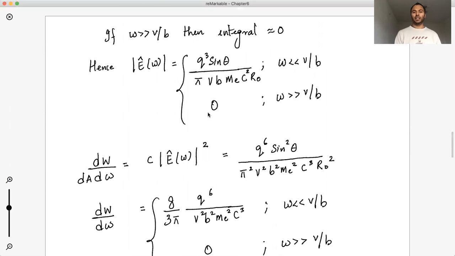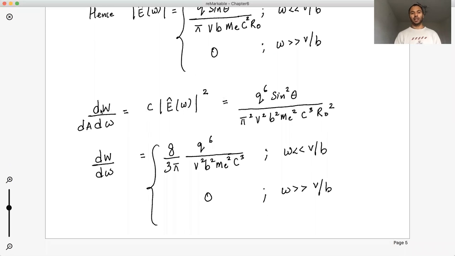So which means that the electric field is going to be 0 when omega is far, far greater than v by b. And again, this hits at the approximation we have made, right? So we've made this approximation where we're looking at low frequencies, and at higher frequencies, the emission is going to be very small, and we've just made it identically equal to 0 in this approximation.